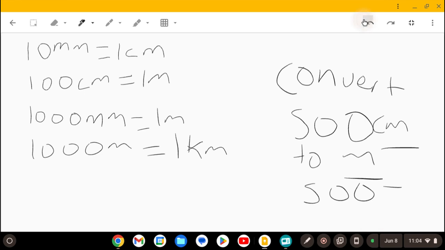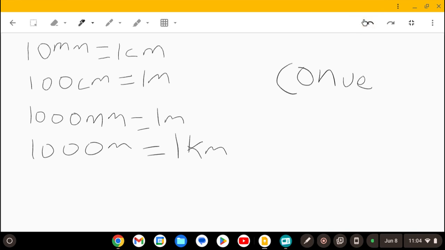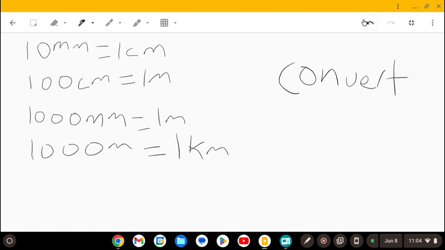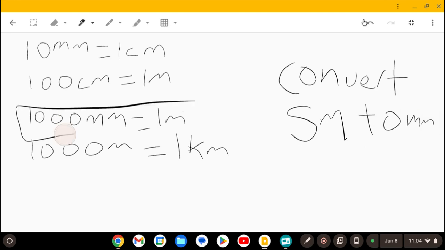All right, and let's do our next one. So we're going to convert 5 meters to millimeters. As seen here, 1000 millimeters make a meter, and we're going from meters to millimeters.